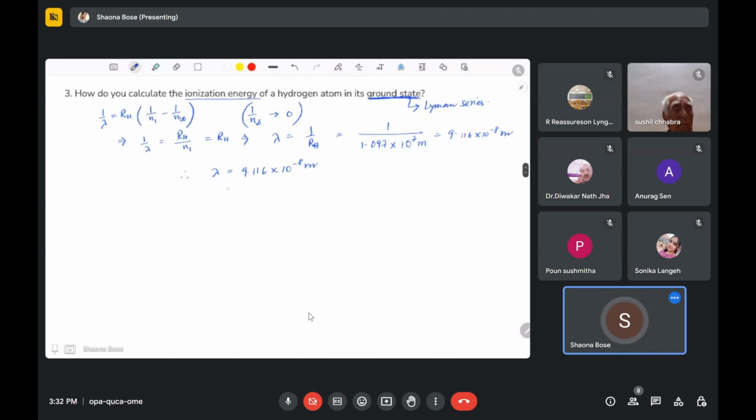We need the frequency nu of the photon that is emitted when this transition takes place, like if the electron comes down to the ground state. Okay, so you know that the associated equation is this, and you put the value of lambda and c, and you get nu is equal to c by lambda.